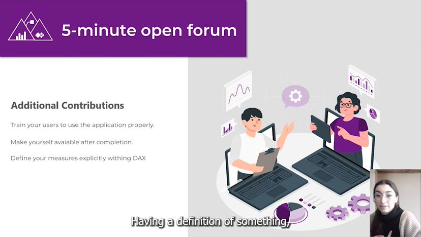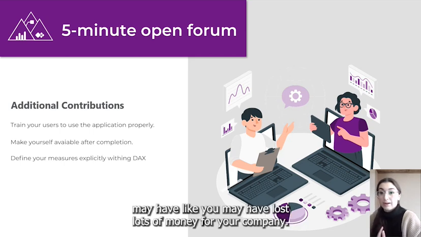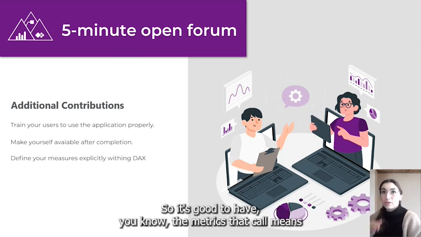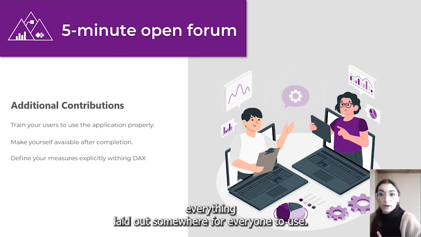Having a definition of something, going through a project and having misinterpreted the word sales, you may have lost lots of money for your company. So it's good to have the metrics, the columns, everything laid out somewhere for everyone to use.